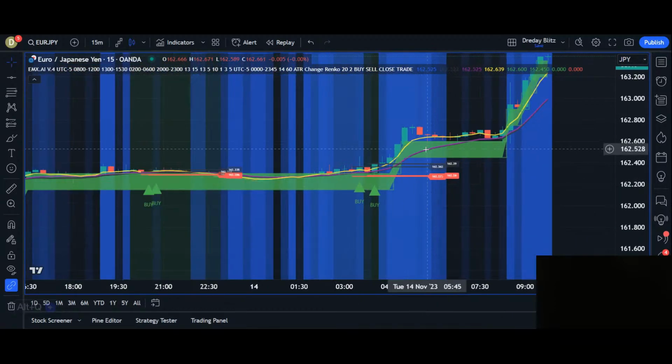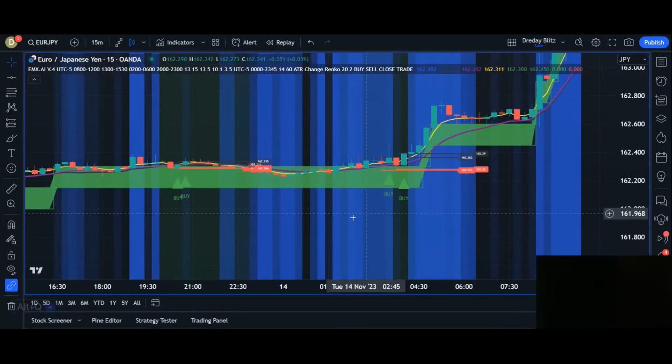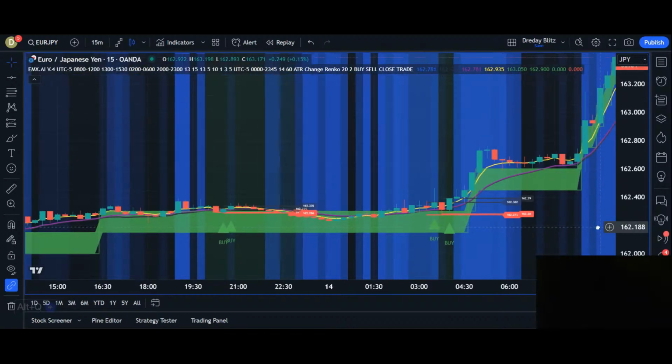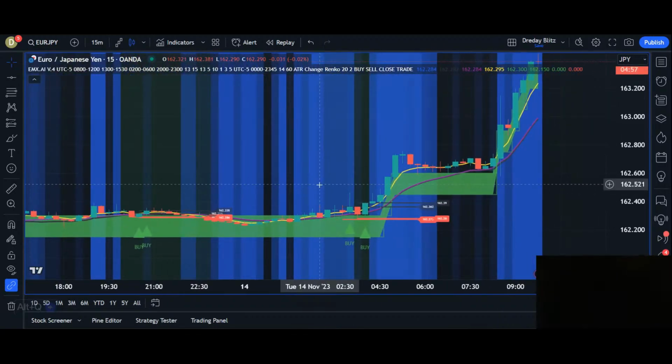The last signal was done at, see here, there was one at 3:30 this morning and another one at 4. Based off of those signals, you would be in the trade going up until now.